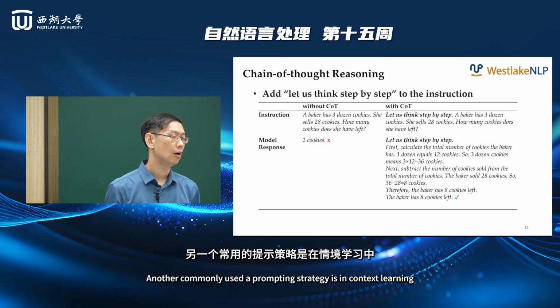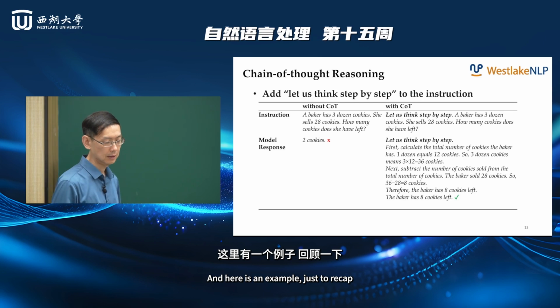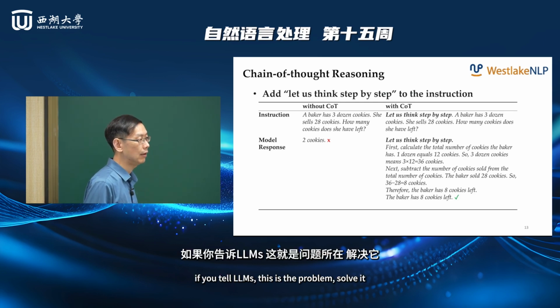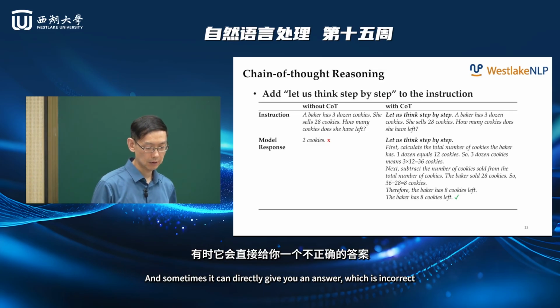Another commonly used prompting strategy is in-context learning. Here is an example just to recap. If you tell an LLM, this is the problem, solve it, sometimes it can directly give you an answer which is incorrect.